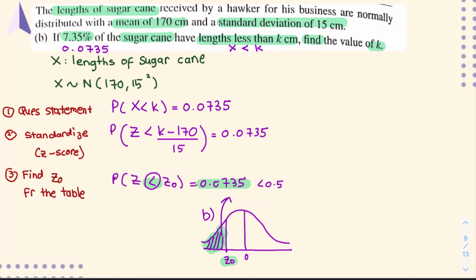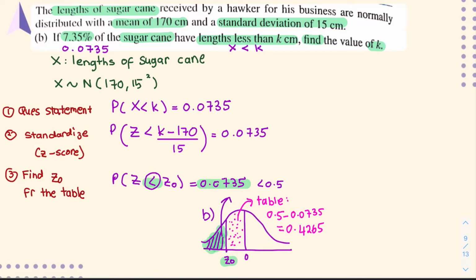Now, in the table, you will not get the tail part. So what you have to do is find the middle region, because your table is for the middle area. So to find from the table, you put 0.5 minus 0.0735, where you get 0.4265.